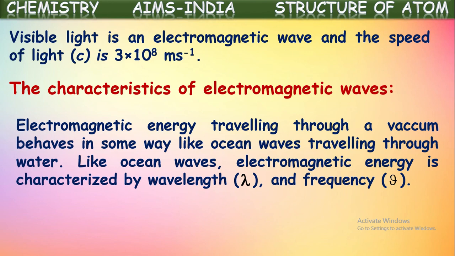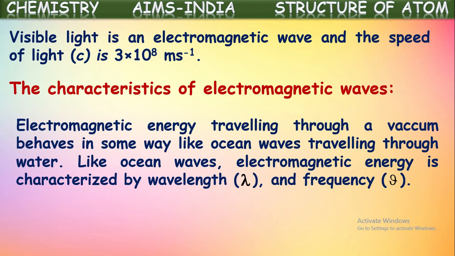So, like ocean waves, electromagnetic energy is characterized by wavelength and frequency. How do ocean waves have a certain wavelength and frequency? In the same way, electromagnetic waves are also characterized by wavelength and frequency.